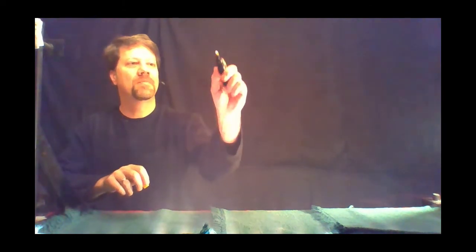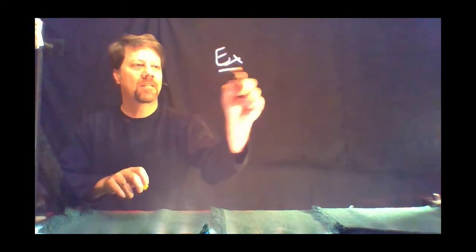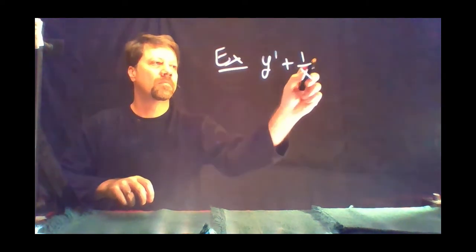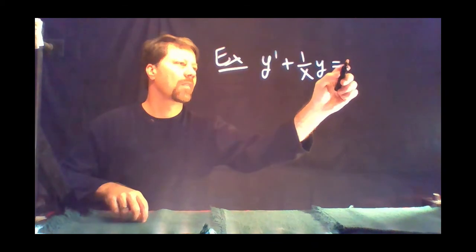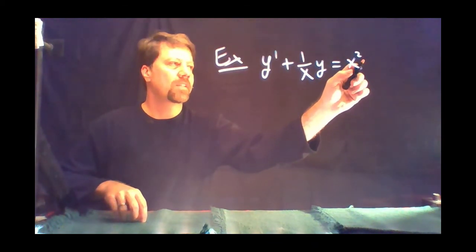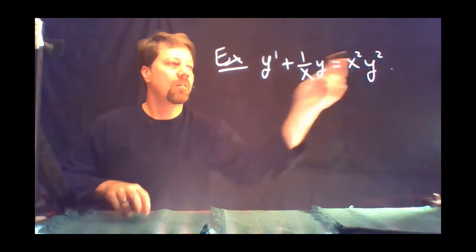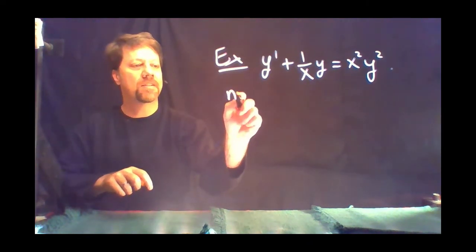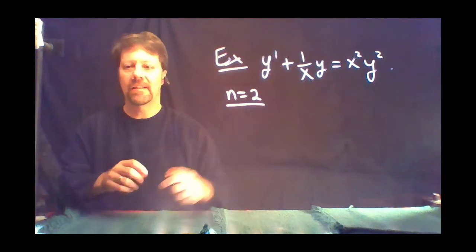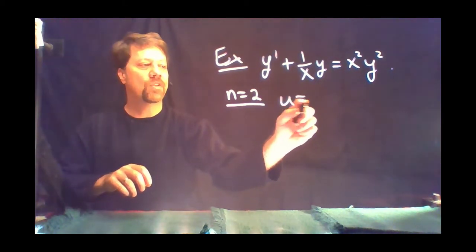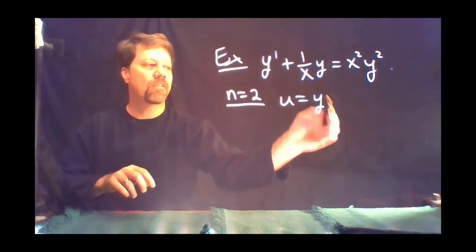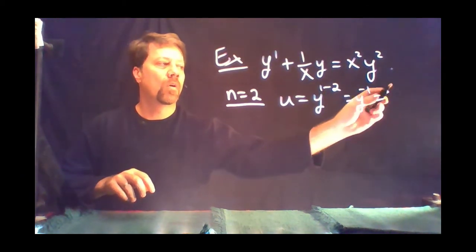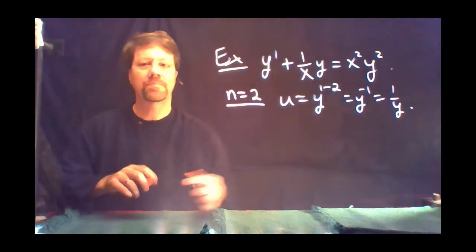For example, consider the Bernoulli equation, with x squared y squared on the right-hand side. In this particular instance, n is equal to 2, which means u is y to the power of 1 minus 2, or 1 over y.